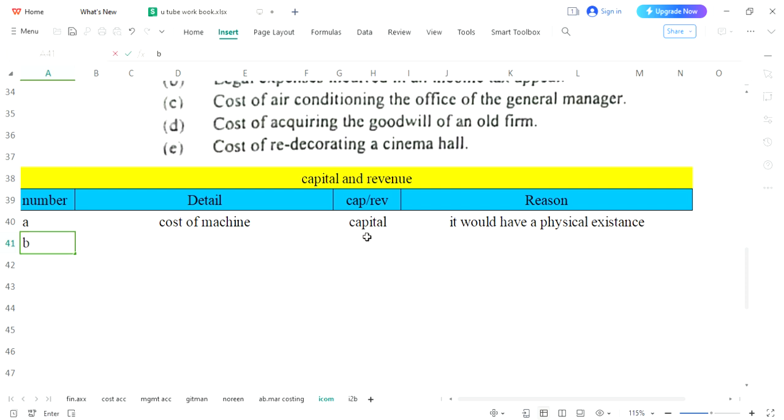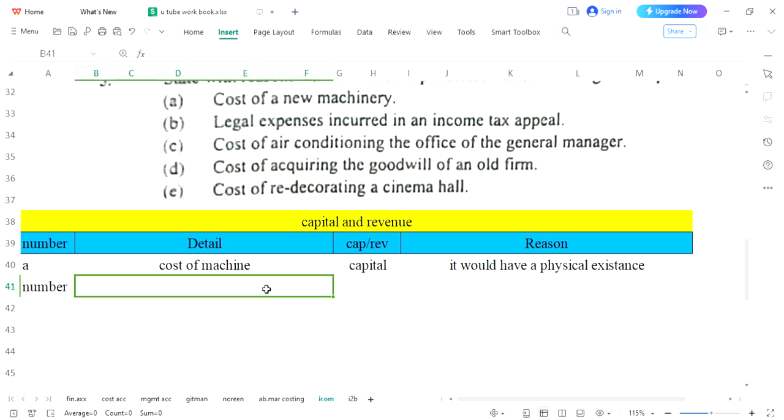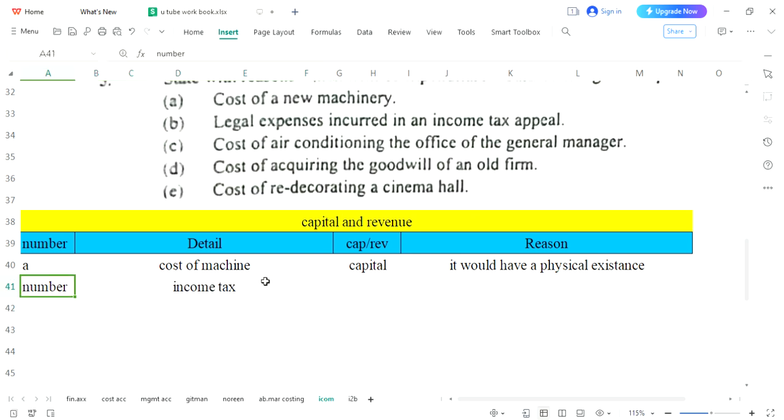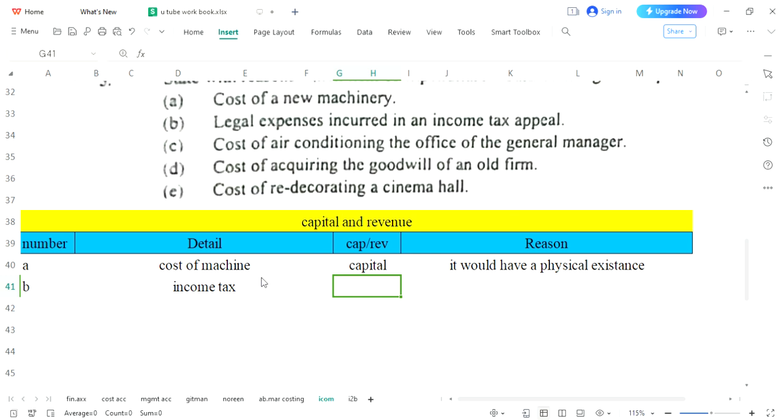Now B entry we will see. B entry is saying legal expenses incurred on income tax. Please understand this word, income tax. The income tax amount, no matter if it is larger or smaller, would be valid for only 1 year. When you are paying tax, even the largest amount of income tax would be repaid within a single year.